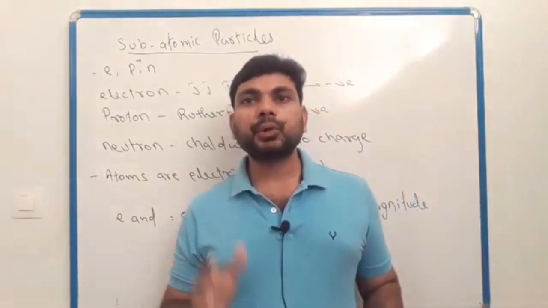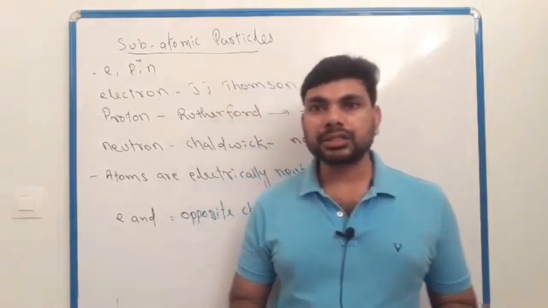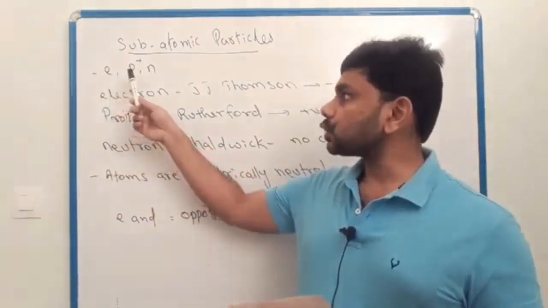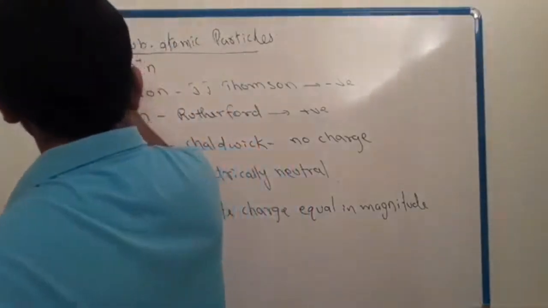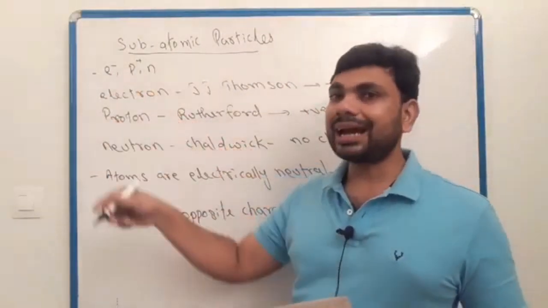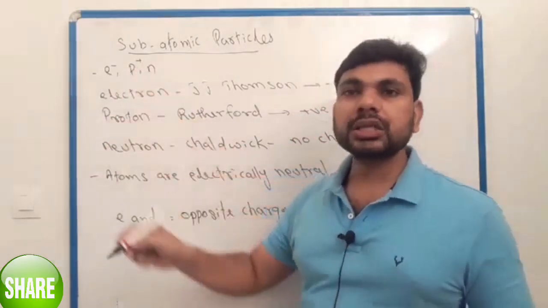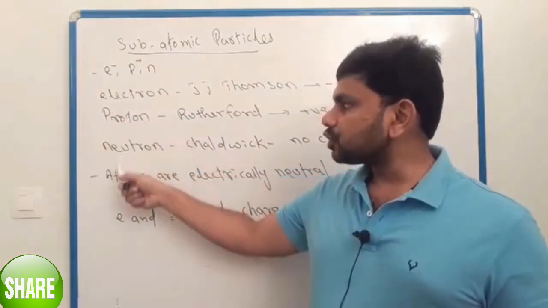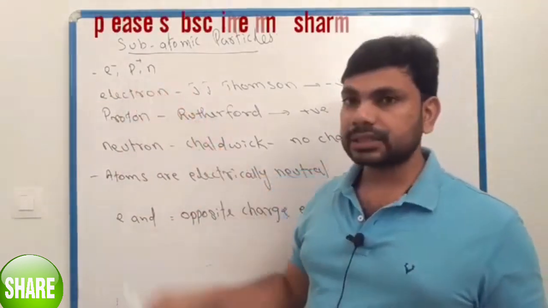Electrons are represented by E minus and have negative charge, protons P plus have positive charge, neutrons are chargeless particles.